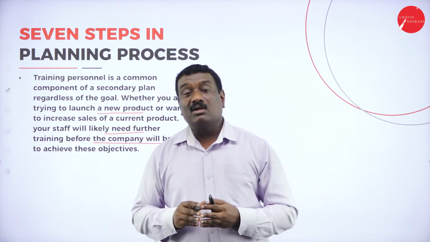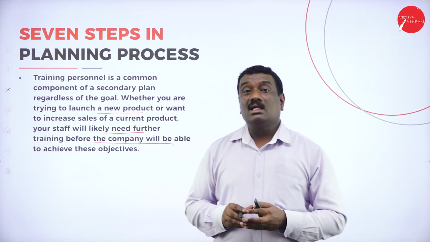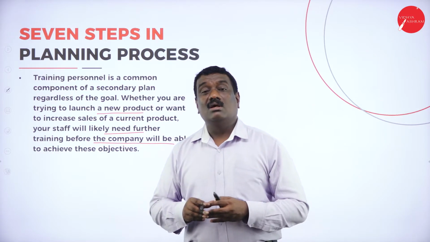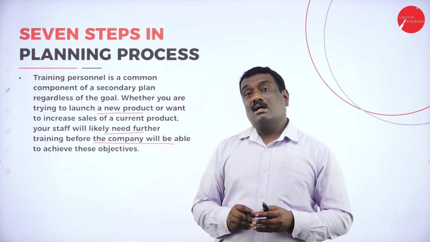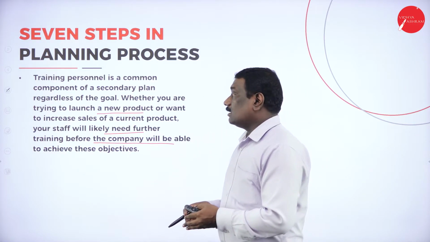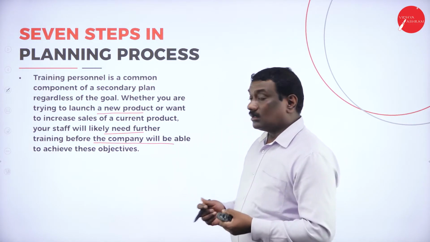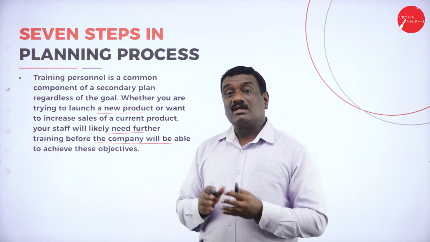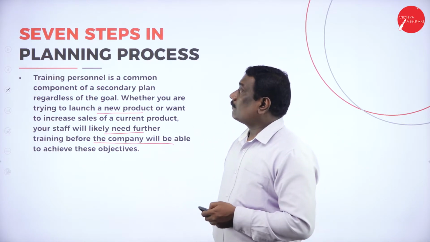Planning or having objectives is different, but training is an essential part of every organization that has to be given to the employees, whether you are going to launch a product or increase the sales of the current product. Whatever it is, the staff has to be trained properly.